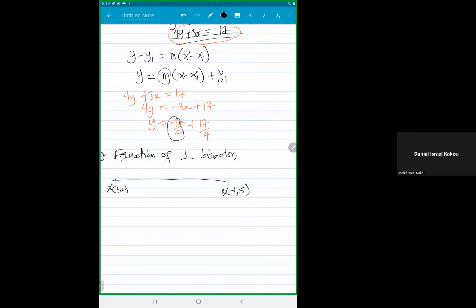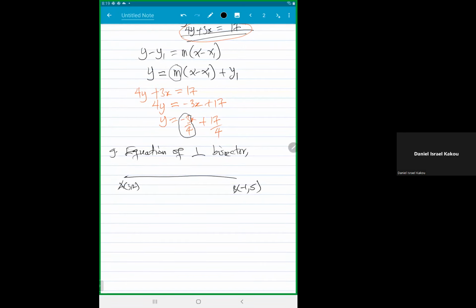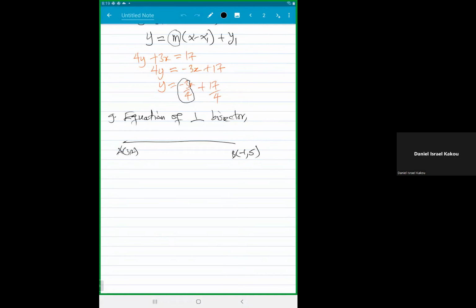What do they mean by find the equation of the perpendicular bisector? So we want to find an equation of a line. We want to find an equation of the line that divides AB into 2 equal parts and at the same time is perpendicular to AB. So we have been given 2 pieces of information, and those are enough to find the equation of a line.